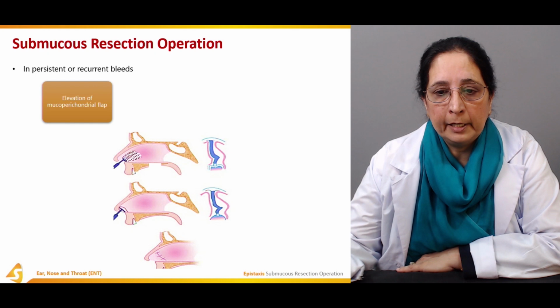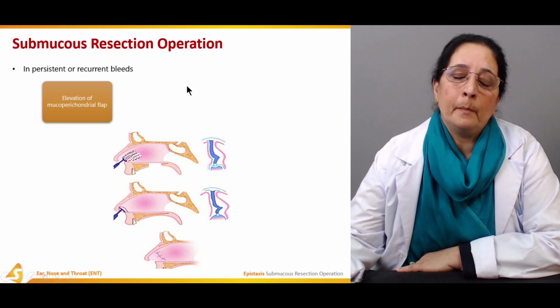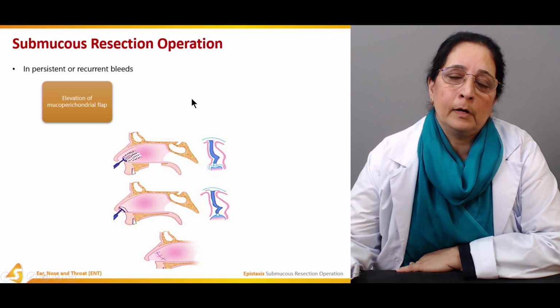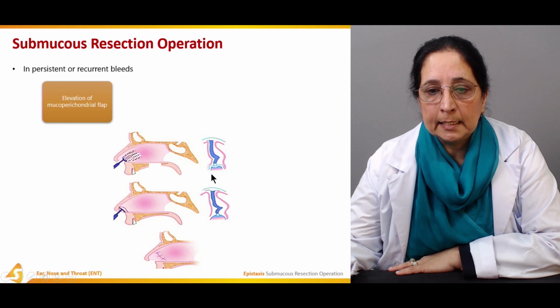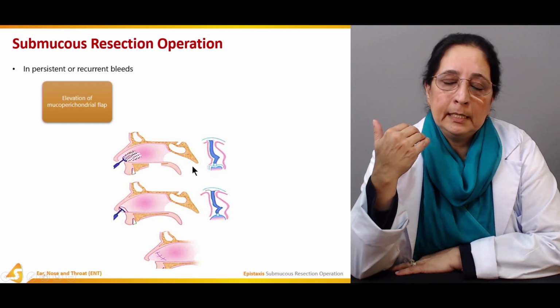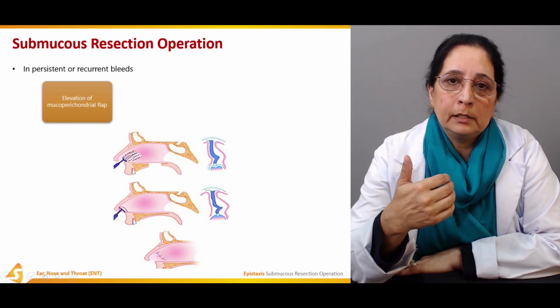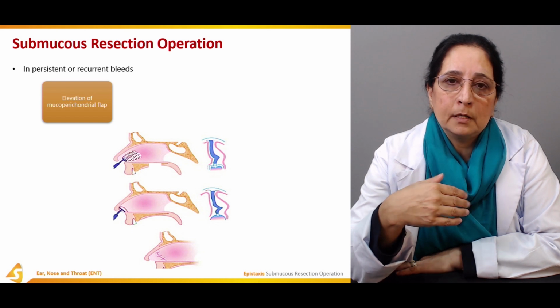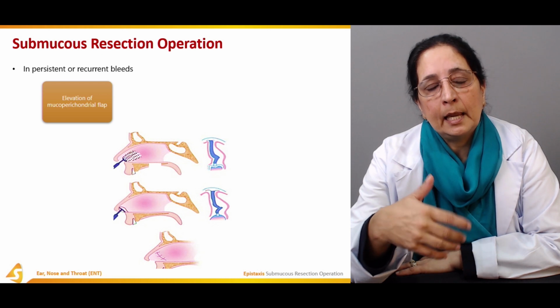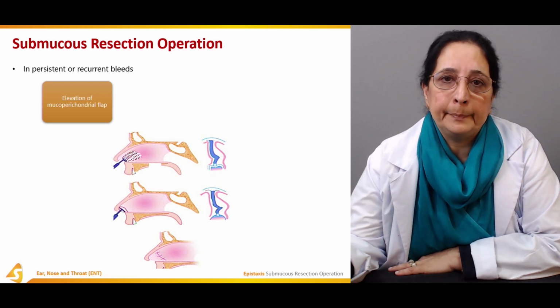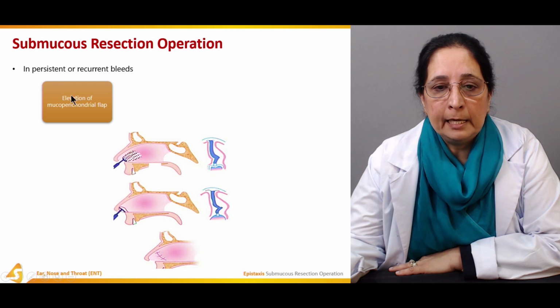The mucoperichondrial flap is elevated, and this is one common procedure performed for the DNS or deviated nasal septum, because if this deviation is not corrected, these patients constantly complain of recurrent episodes of epistaxis.